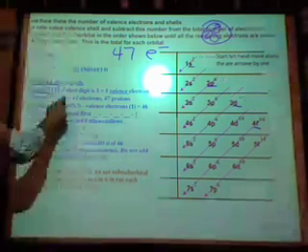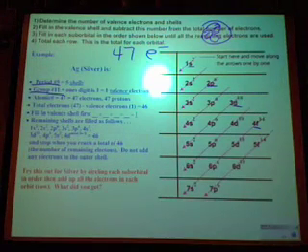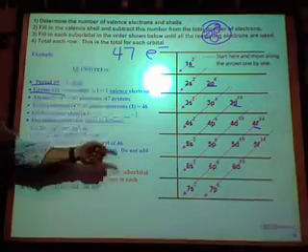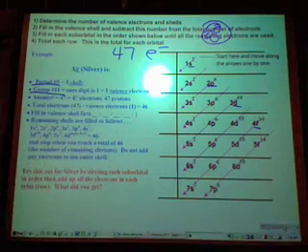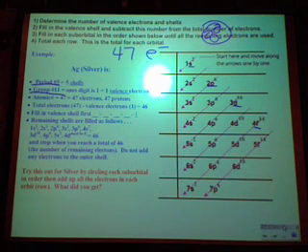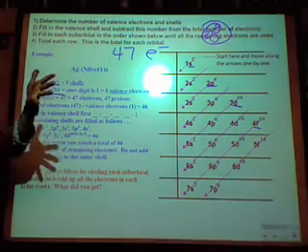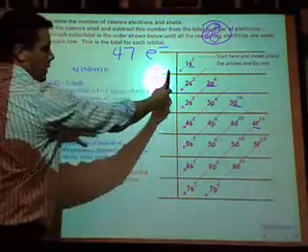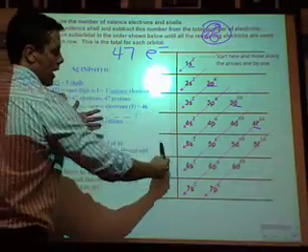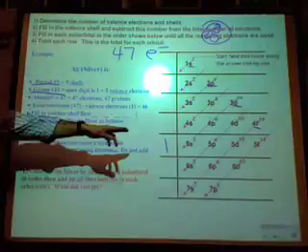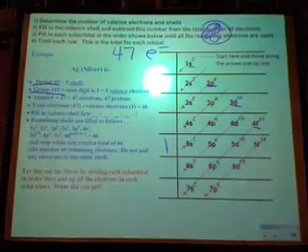If it's in group 11, how many valence electrons? 1. Where would I write that 1? If their valence electrons are going to be in which shell? The 5th one, right? The outermost shell. 1, 2, 3, 4, 5. So I know that in this last shell, we have 1 electron.